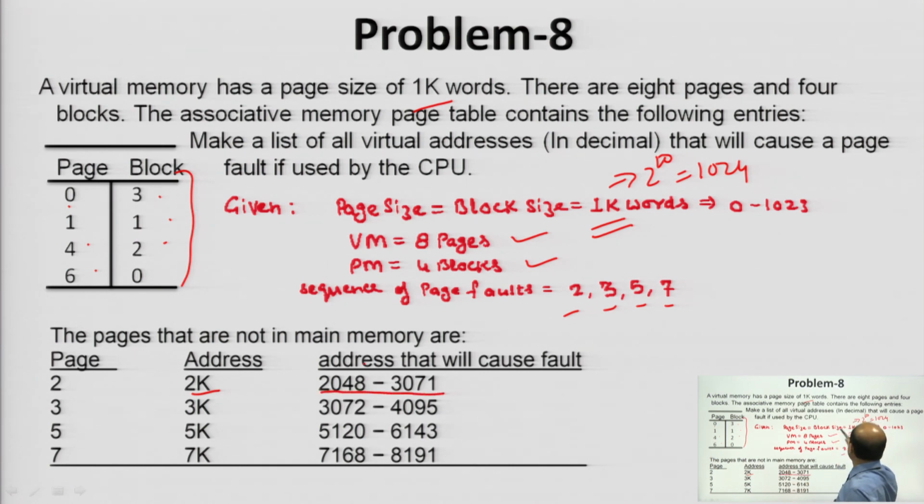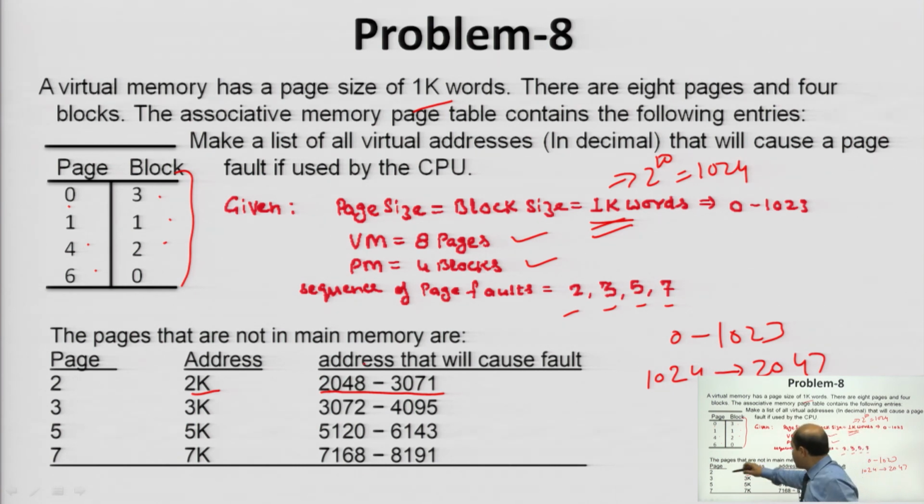The size of one page equals 1K words, so it will take 1024 decimal values. The page number 0 will have addresses 0 to 1023, the first page address, and 1024 to 2047 will be the address for the second page, so page 2 will be 2048 onward.